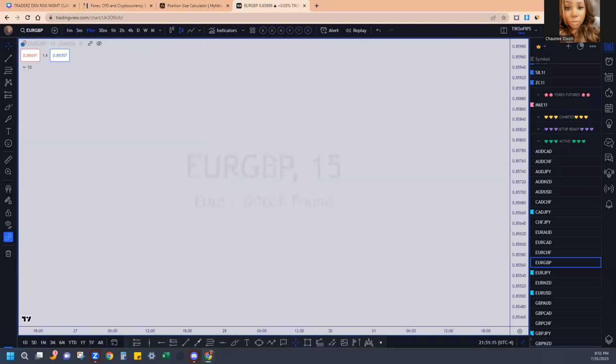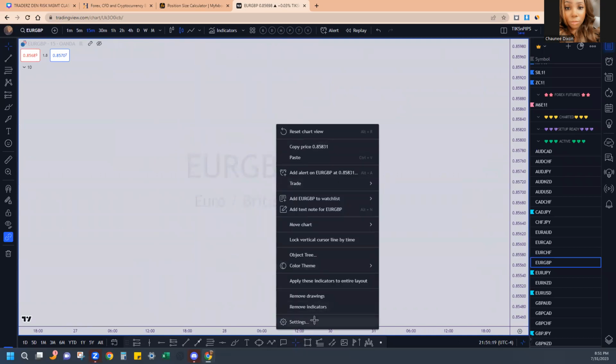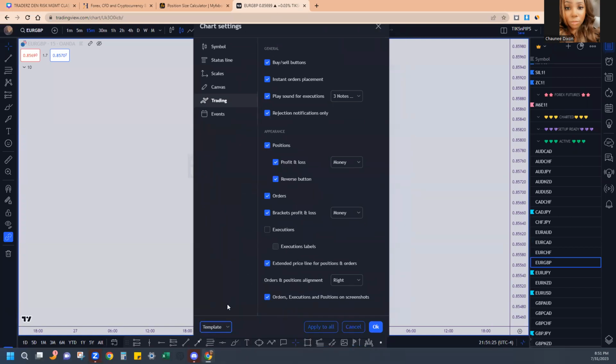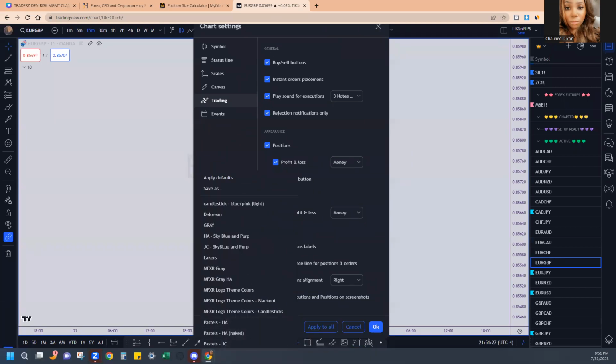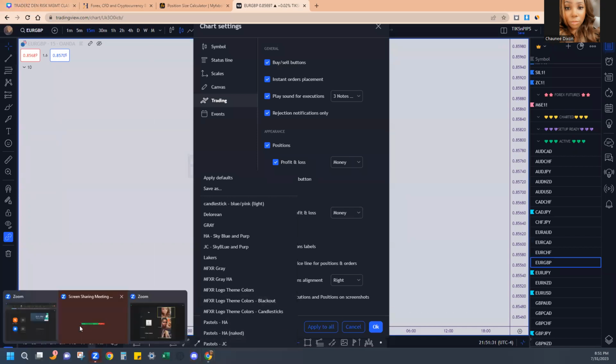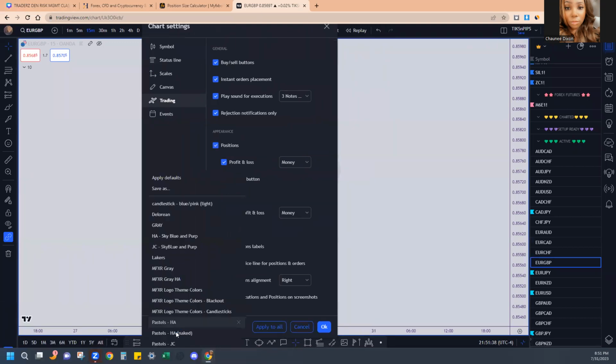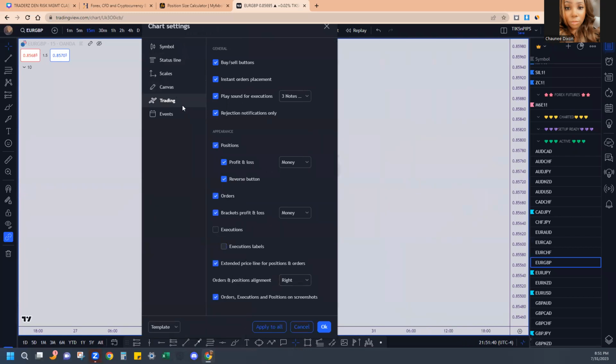Okay, can everybody see my blank chart screen over here? Yeah. Okay, cool. I don't know why it's not letting my thing move out the way. Okay, that's fine.